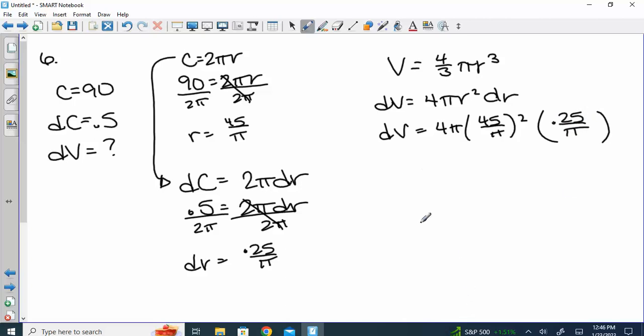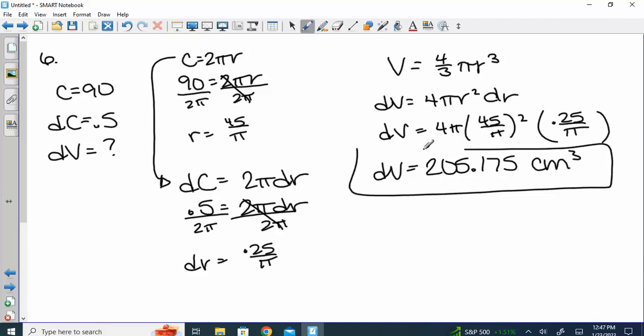And so then we can get dV. I would probably just put all this in my calculator. It is pretty ugly. And you get 205.175. V is volume, cubic centimeters. So it's saying if my circumference might have been a half centimeter off, then my volume is going to be 205 cubic centimeters off.